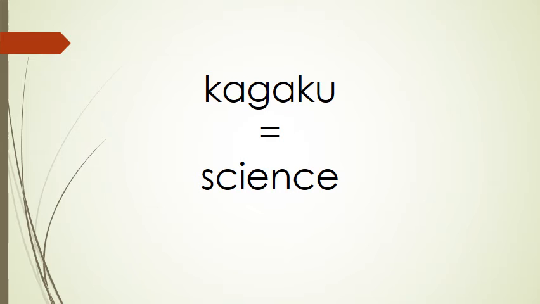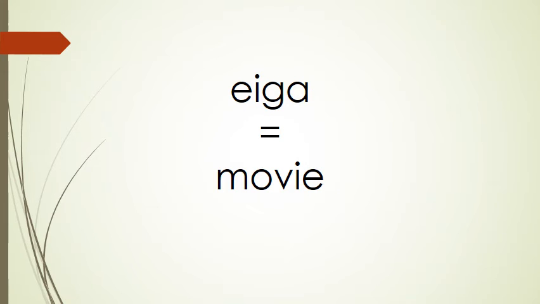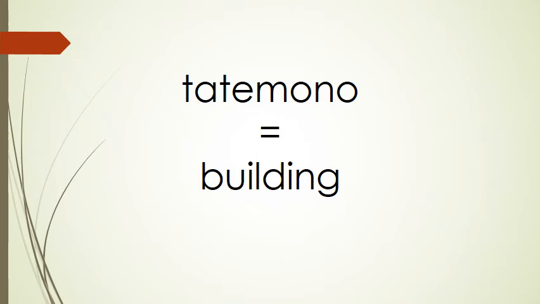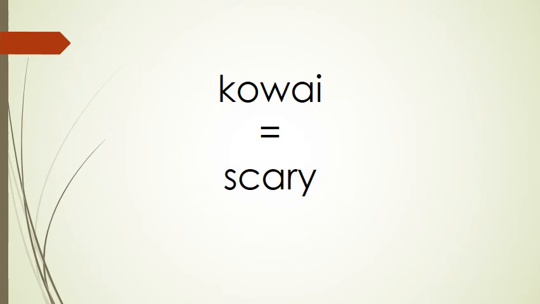Kagaku means science. Eiga means movie. Tatemono means building. And kowai means scary. And just to be clear, this is an i adjective.